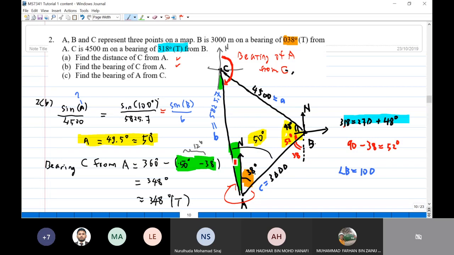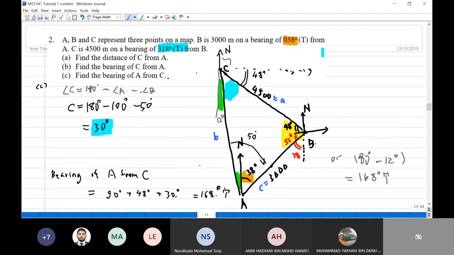So the answer for the bearing of A from C is 180 minus the green angle, which is 12, so it is 168.